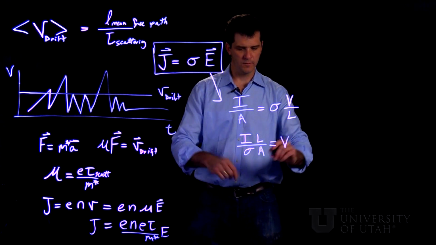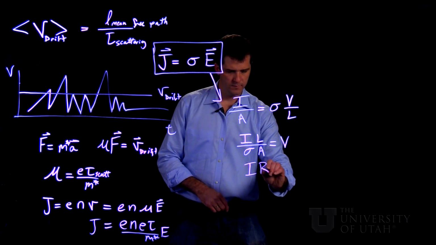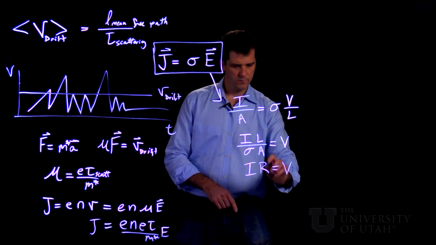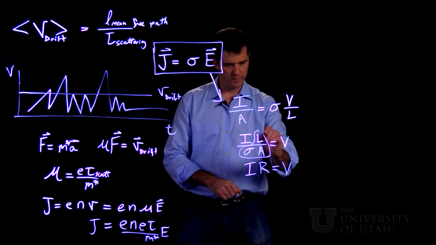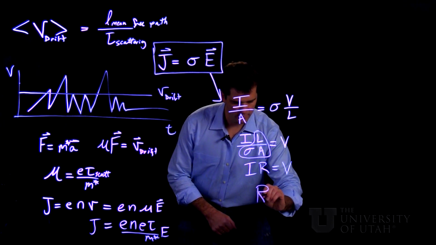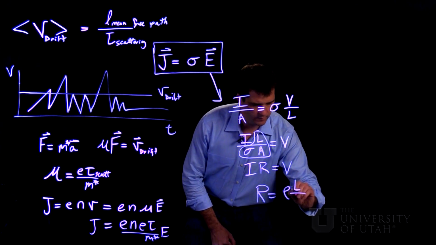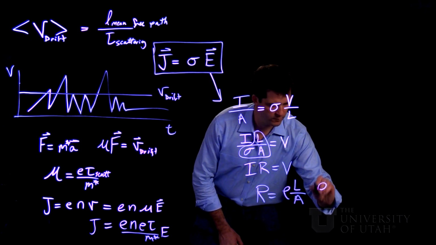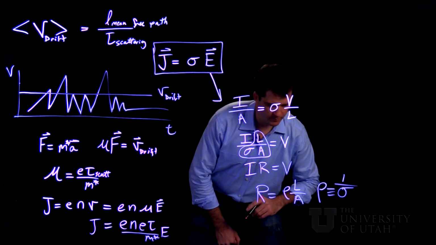And if we want to recover the traditional form of Ohm's law, we have to collect these terms together and write that R equals rho times L over A, where rho is defined as 1 over sigma.